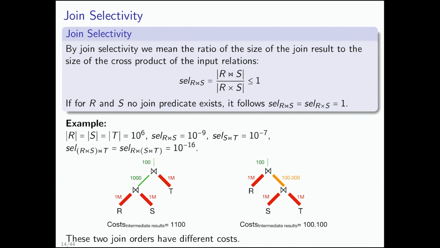And you see that if you apply the cost model, here this is a kind of good situation, 1,000 plus 100, 1,100. On the right side, it's 100,000 plus 100, so that's the total cost. So these two join orders have different costs under this cost model we used.